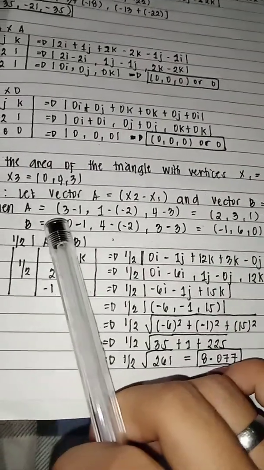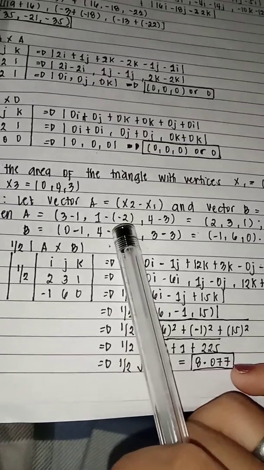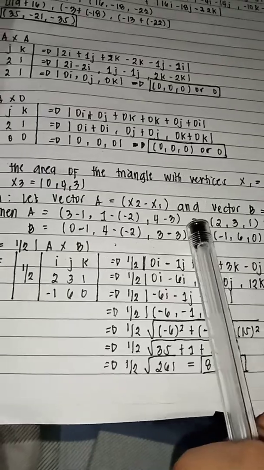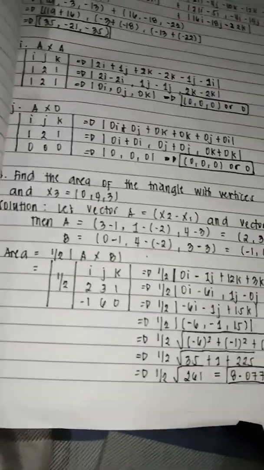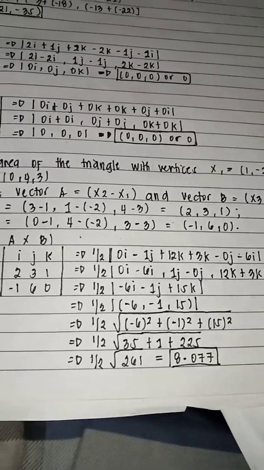So 3 minus 1, 1 minus negative 2, 4 minus 3. So the answer for vector A is 2, 3, 1.